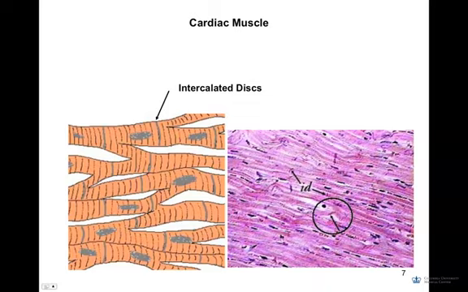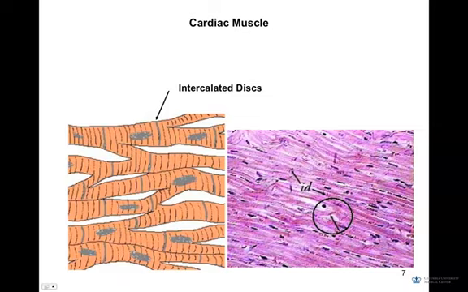So this cell has a branched pattern to it. This branching pattern you don't see with skeletal muscle, and you don't see with smooth muscle. So that's a defining feature of cardiac muscle.